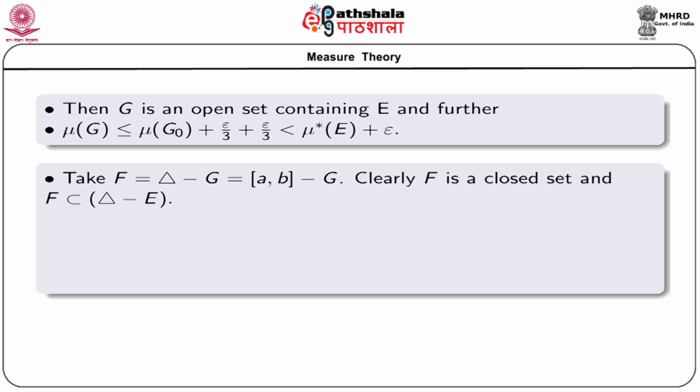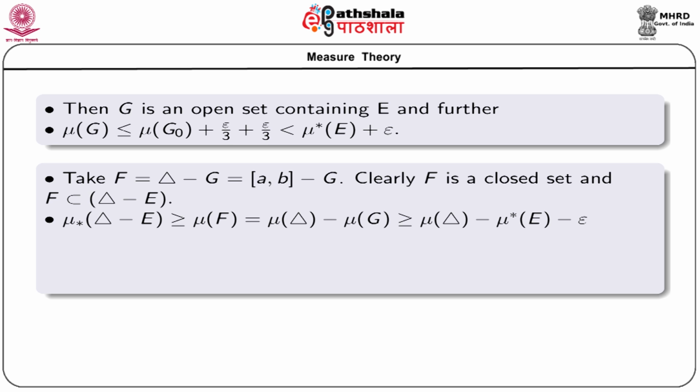So, clearly capital F is a closed set and capital F is a subset of delta minus E. And now, using the definition of inner measure, we get mu lower star of delta minus E is greater or equal to mu of F, which is equal to mu of delta minus mu of G, because we already know that mu is subtractive, and this is greater or equal to mu of delta minus mu upper star E minus epsilon.